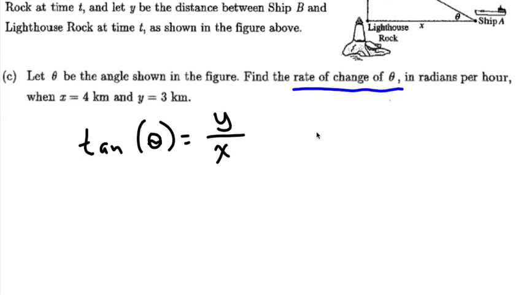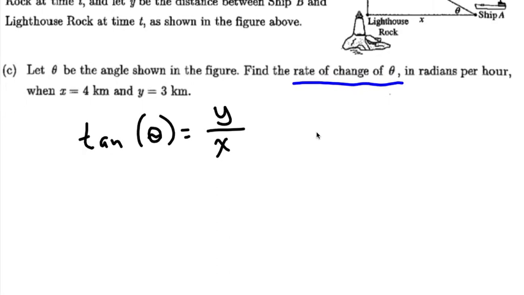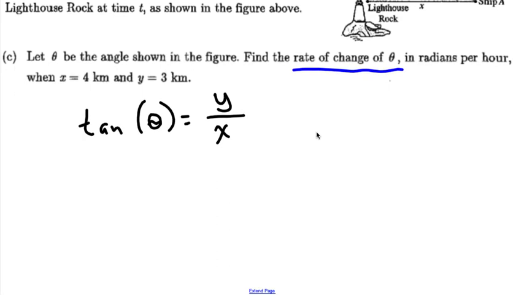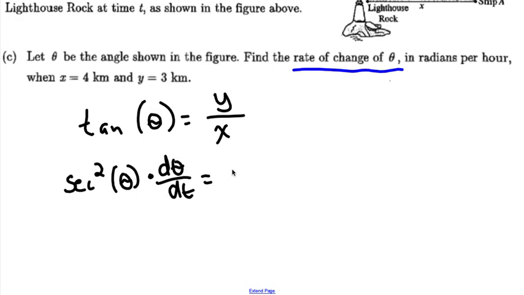So tangent of theta is equal to opposite over adjacent, or in this case, y over x. Now we got to take the derivative because we're trying to find the rate of change of theta. So the derivative of the left side, derivative of tangent is secant squared, I almost wrote an x, secant squared of theta times the derivative of the inside, d theta dt, equals, and then when we do the derivative of the right-hand side, we need to do the quotient rule.